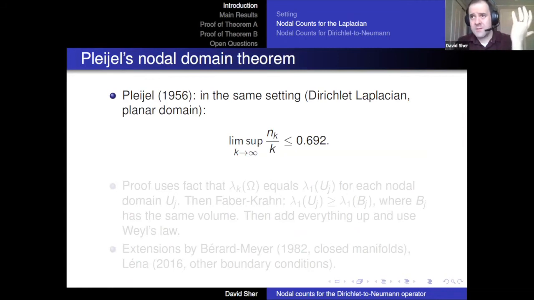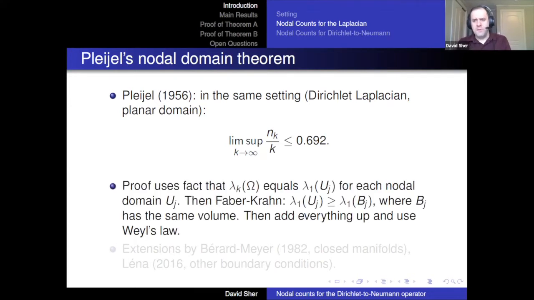Courant's theorem has, of course, been improved in many ways. And one of the most interesting improvements for our purposes is by Pleijel. So in the same setting with the Dirichlet-Laplacian on a planar domain, Pleijel investigated not an absolute maximum for n_k, but the lim sup of n_k over k. Courant's theorem, of course, says that is at most 1, rather trivially. But Pleijel was able to prove that it's less than some particular geometric constant, which is a little less than 0.7.